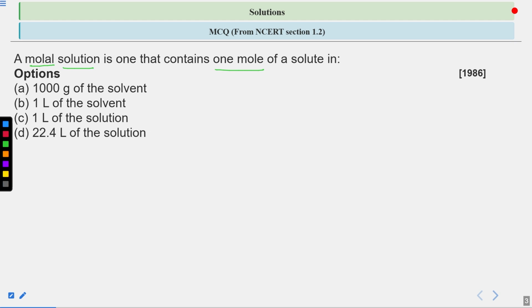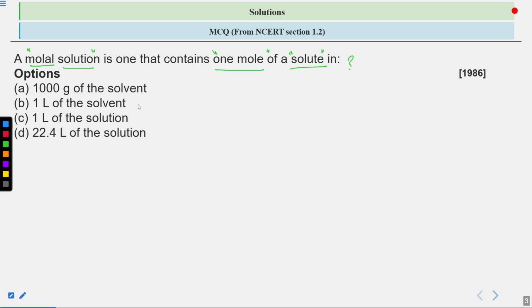So if you talk about a molar solution, what that molar solution defines is the solution which contains 1 mole of solute in what? If you have to write the definition for 1 molar solution, it will contain 1 mole of solute in what? That you have to tell.